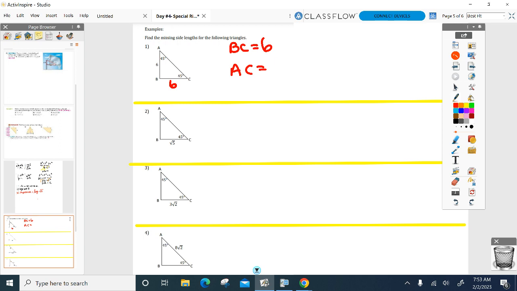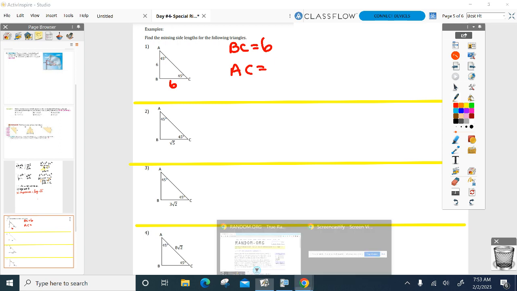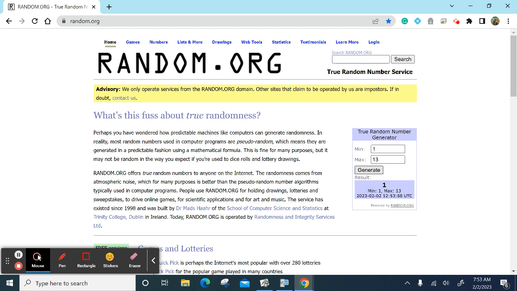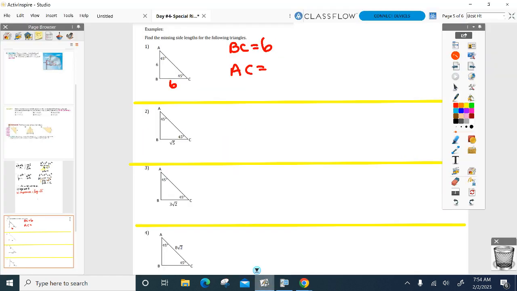Hypotenuse equals leg times radical 2. Boom. What's AC going to be? 6 radical 2. Done. Leg times radical 2. We all good before the algebra gets a little more intimidating? I wish it was this easy.